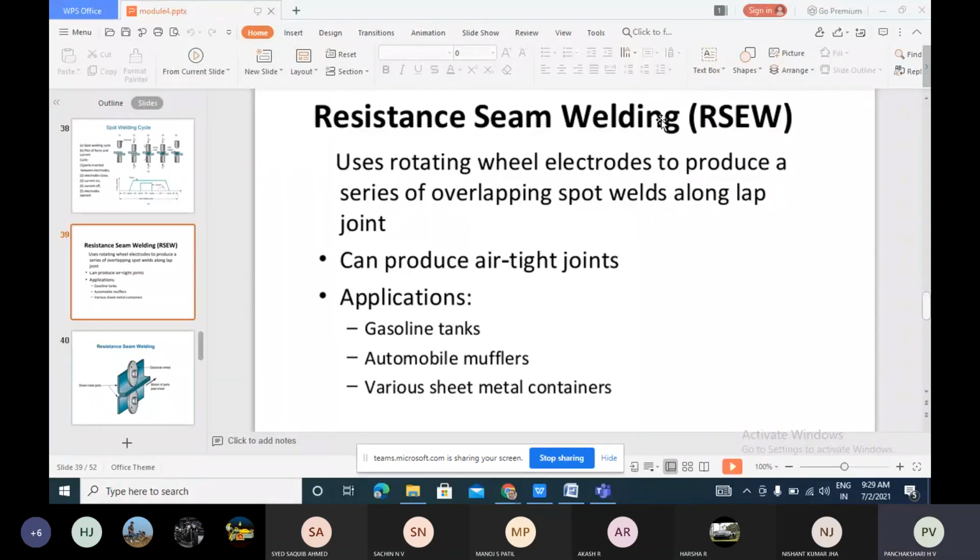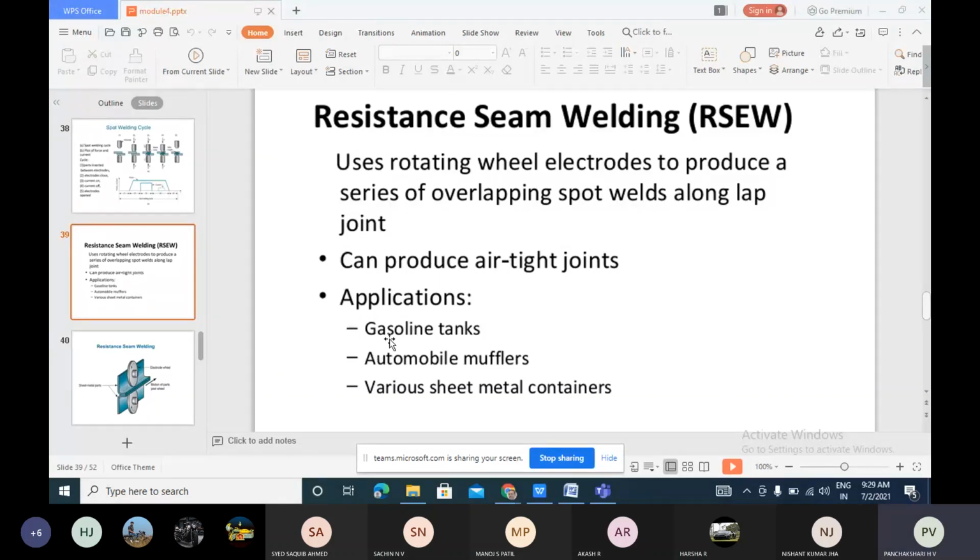What is that seam welding? We will see here. It uses a rotating wheel. The electrodes are made up of rotating wheels to produce a series of overlapping spot welds. That I will explain with the diagram. Okay, it can produce airtight joints. Applications, where do we use?